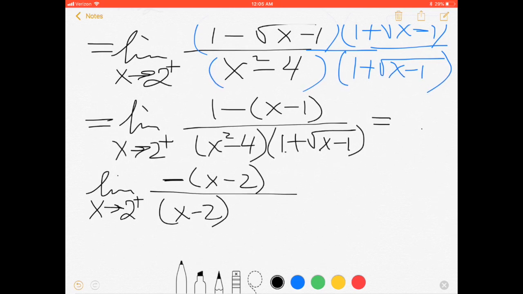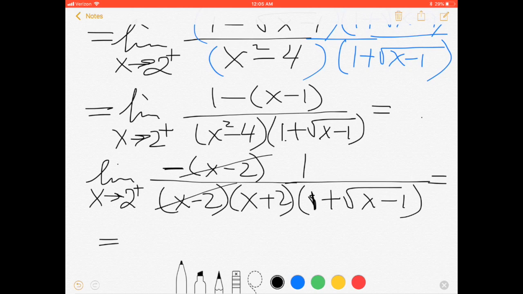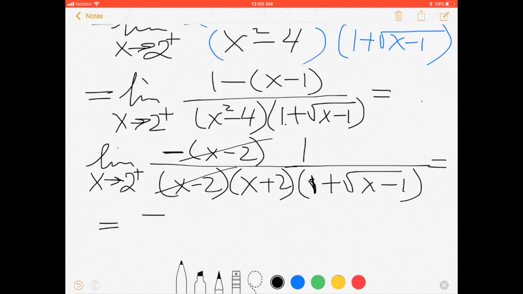Factoring our denominator, and simplify, and plugging in x equals 2, we have minus 1 over 4 times 2. This means minus 1 over 8. Okay, that's it for today.